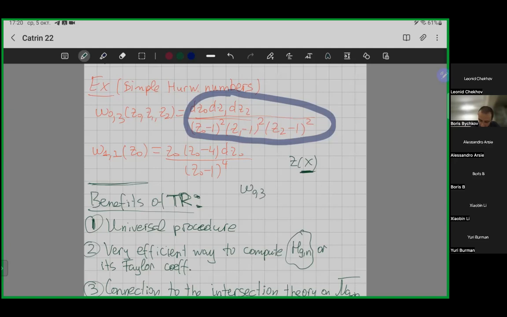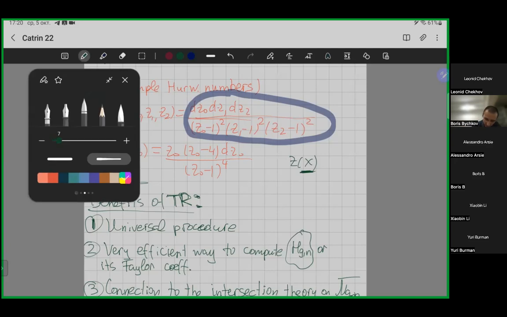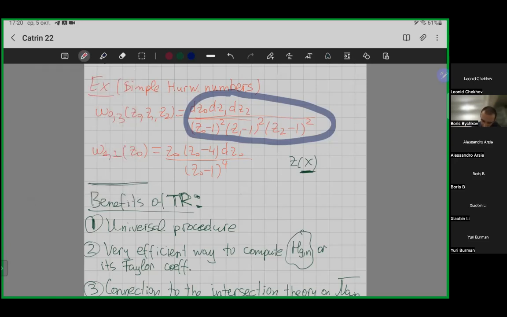Maybe I should add here that we had this H_{g,n}, some H_{g,mu}, something like this.